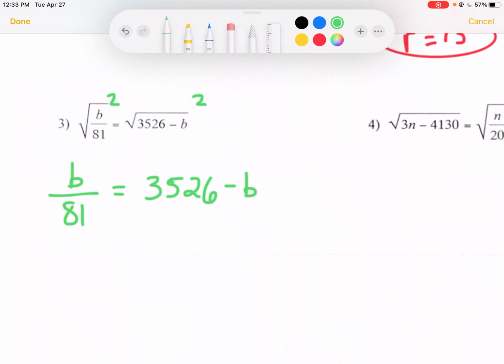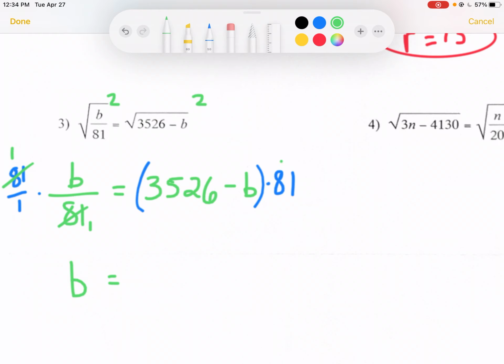Okay, so next step, we need to get rid of this fraction. So let's multiply by its denominator. If I multiply both sides by 81, I'm really going to be multiplying all of this inside the parentheses by 81. If I do that on the left side, 81 and 81 turn into 1 and 1, and so I just have b.